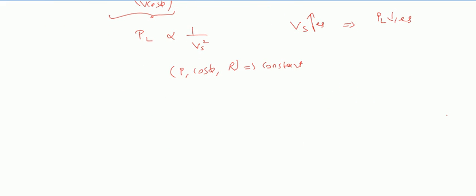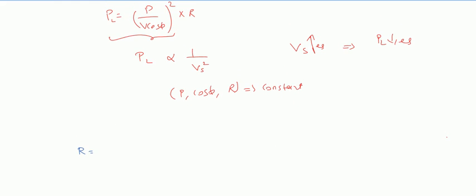So R is equal to PL into V square cos square phi divided by P square. And you know that R is equal to rho L by A, where L is the length of the transmission line, A is the area of the cross section of the transmission line.